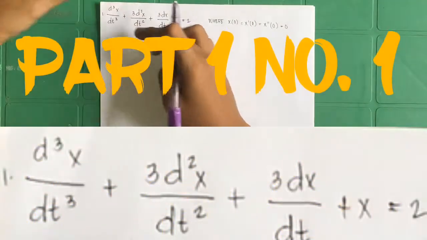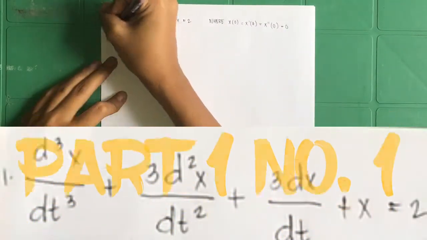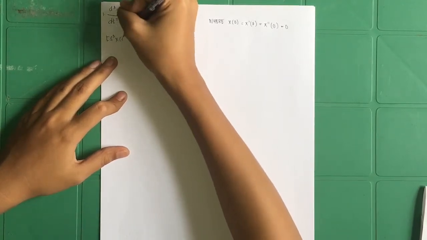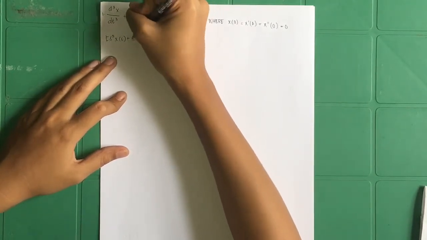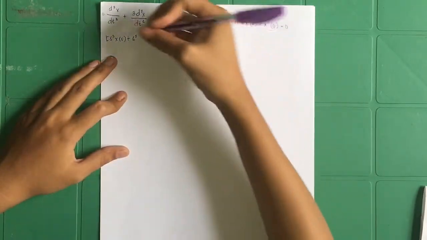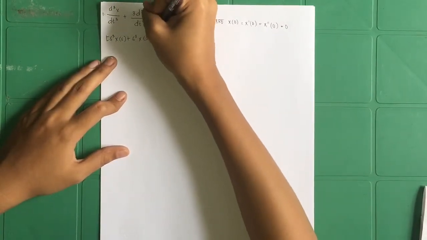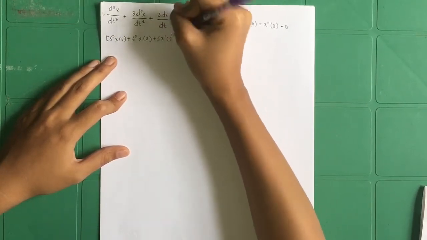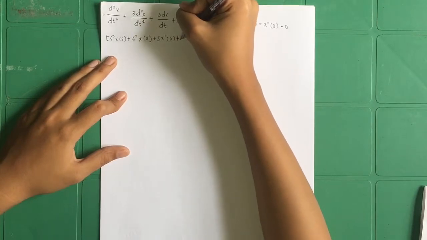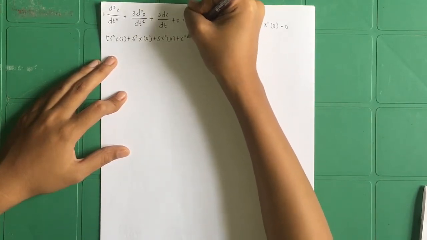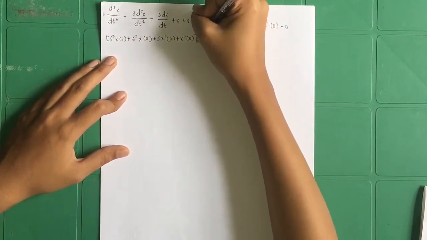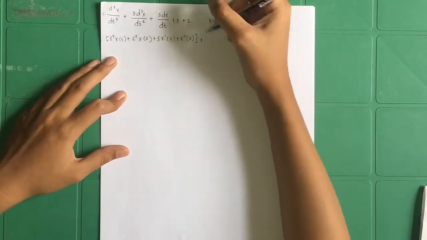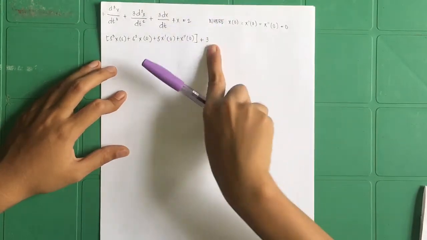First, solve this one. S squared because of this. So this is the Laplace transform of this, plus 3 on the outside.